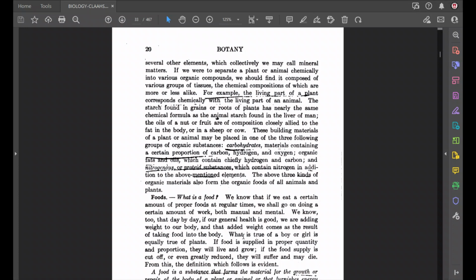And we have some description of these terms in our textbook. Carbohydrates are those materials that contain a certain proportion of carbon, hydrogen, and oxygen. Fats and oils contain chiefly carbon and hydrogen.